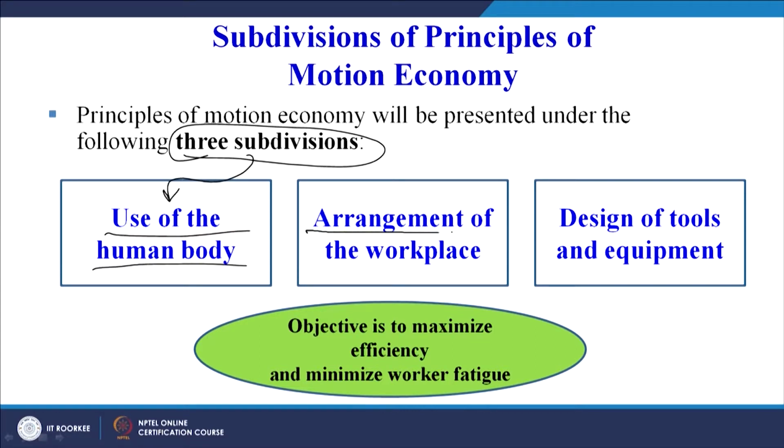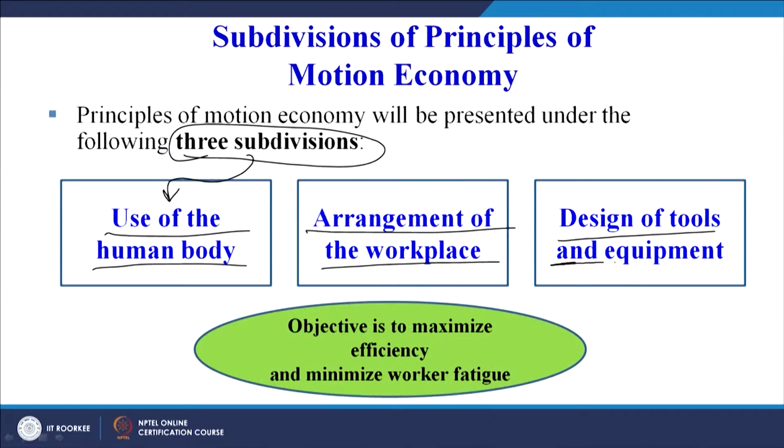Second one is the arrangement of the workplace. Third one is the design of the tools and equipment, as I have shown that I can change the slide by pressing the button here, or I can change the slide using this pointer. This is the equipment which has been given to me to deliver this session. So this is the workplace, equipment and the human body.